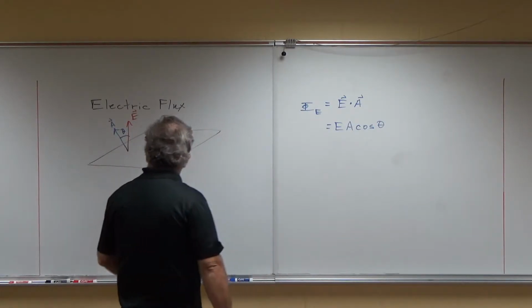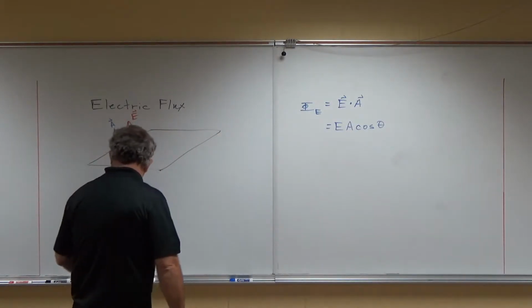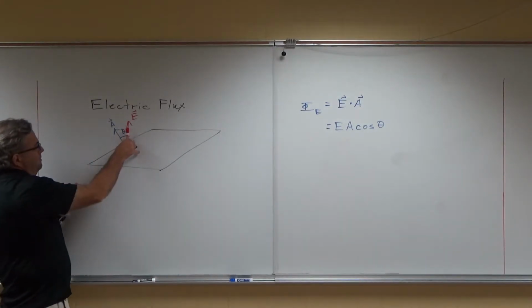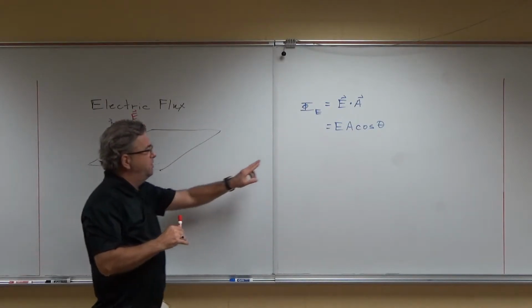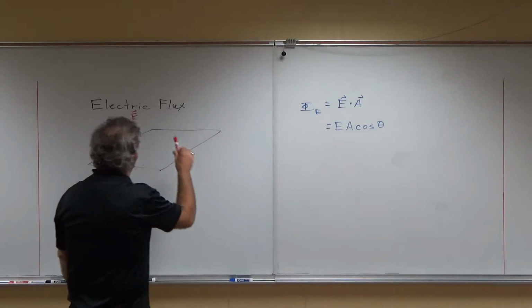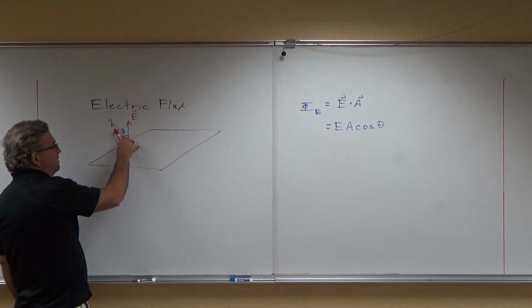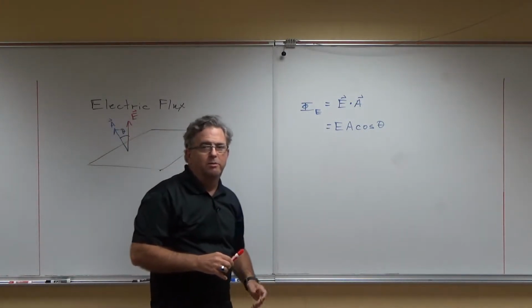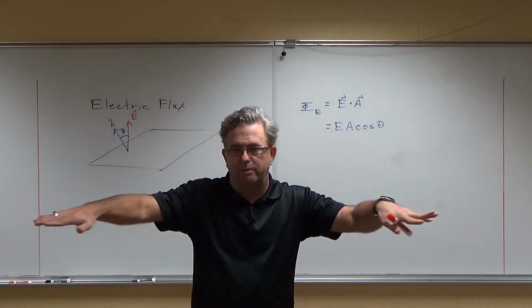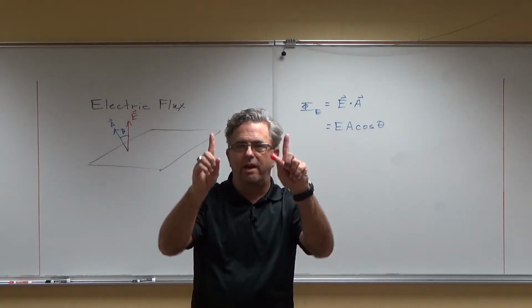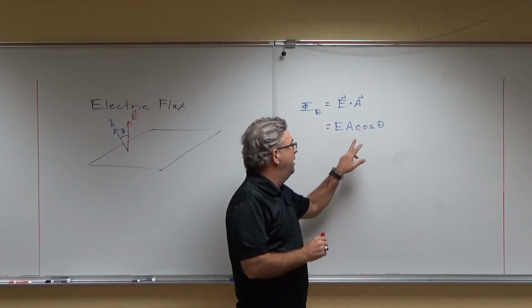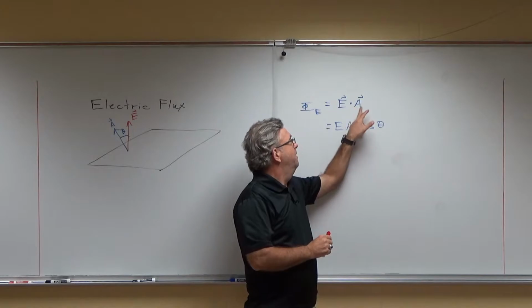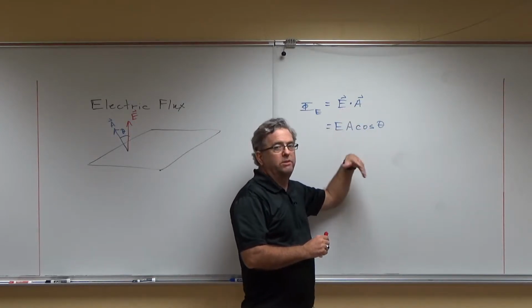So if the electric field is passing this way, okay, you get some of it because you're taking that cosine of theta. If the electric field is in the direction of the area vector, meaning like, say you have a nice plane and the electric field everywhere is perpendicular to that plane, then the angle between the area vector and the electric field is 0.